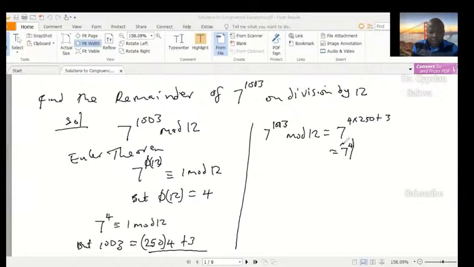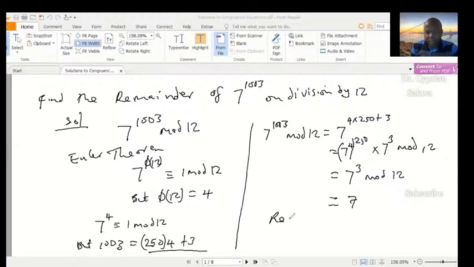Of course, this is 1 raised to 250, so this is just 7 raised to 3 mod 12. So take 7 raised to 3, divide the result by 12, and get the remainder, which is 7. So the remainder for this is 7. You can just do 7 raised to 3 and then divide it by 12 and find what the remainder is.